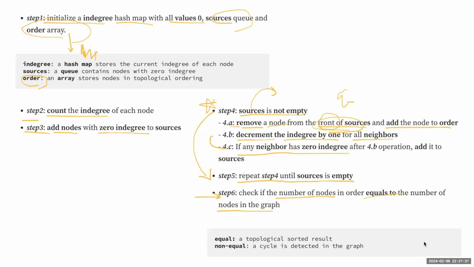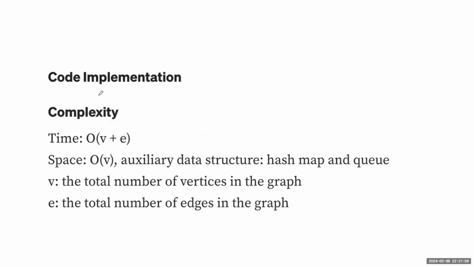What if it is not equal? If it is not equal, a cycle is detected in the graph. And for the code implementation, the time complexity will be O of V plus E, where V is vertex and E is edge, and the space is O of V.